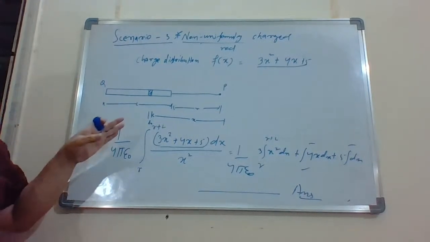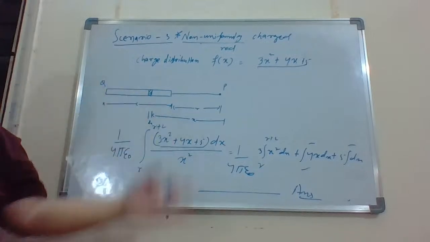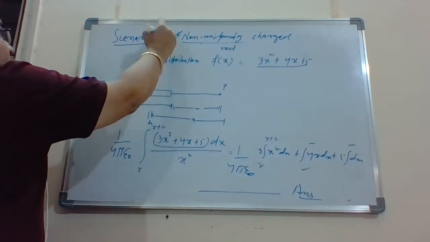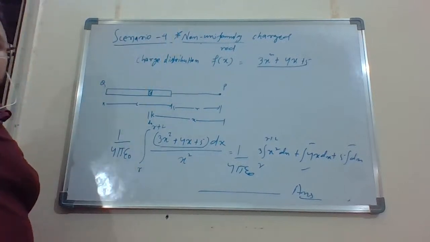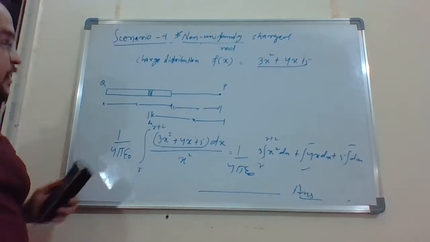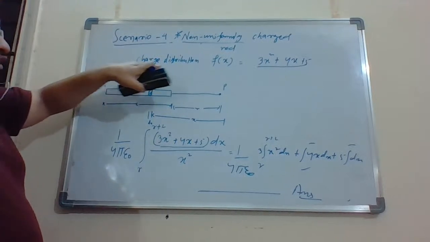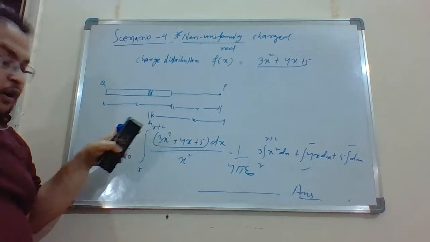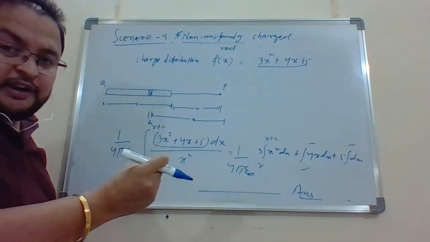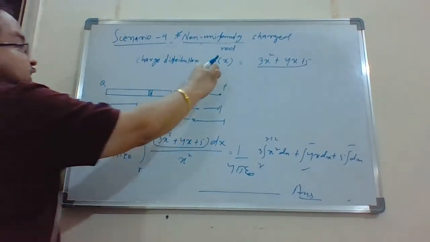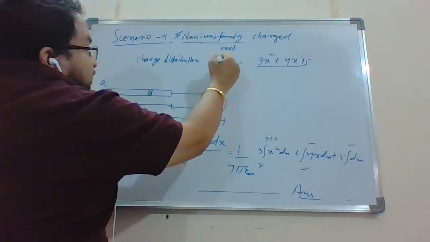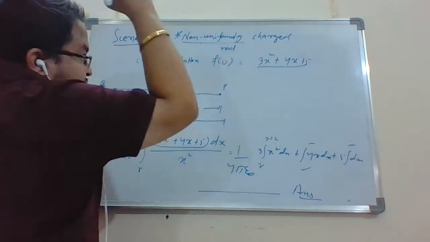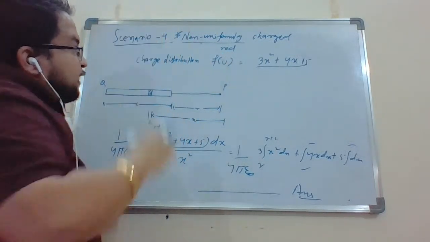Now let me make it even a little more complex. Okay, let us go to scenario 4. If the charge distribution is not given as a function of x, because we are integrating on an interval dx, suppose it is given as a function of u, f of u, or maybe some other variable, a, b, c, d, anything but not x.